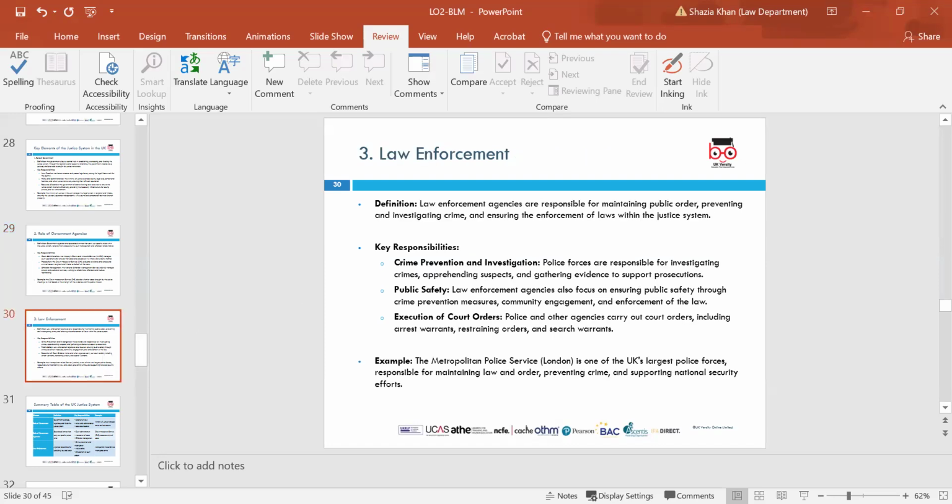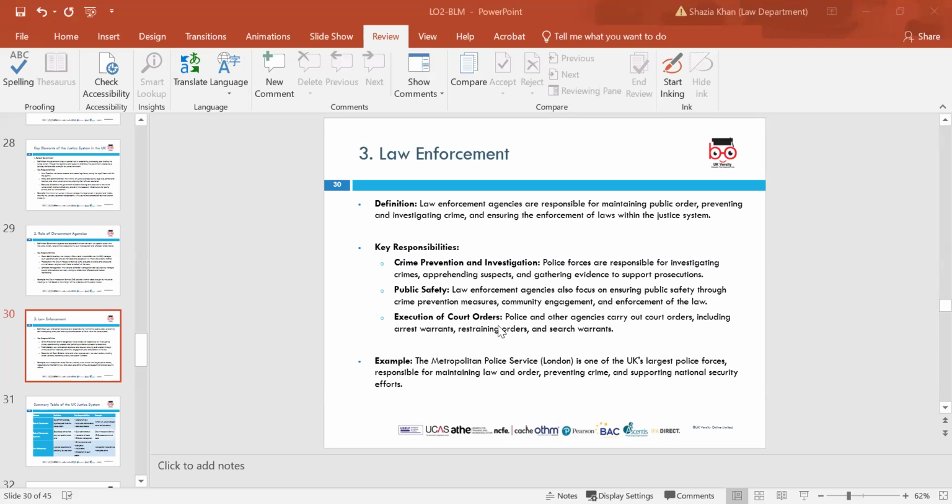So, law enforcement. Law enforcement agencies carry out the activity of members of government who act in an organised manner to enforce the law by investigating, deterring, rehabilitating or punishing people who violate the rules and norms governing society. Key responsibilities include crime prevention and investigation, which police forces are responsible for, and public safety, which law enforcement agencies are responsible for.